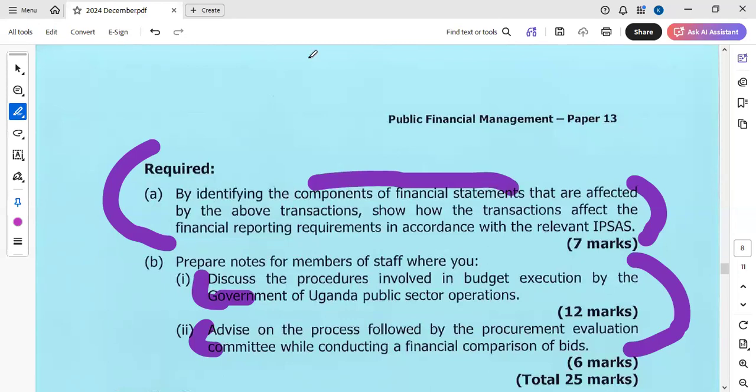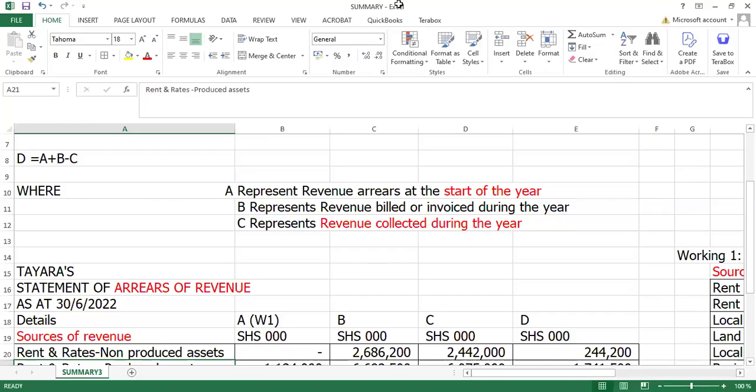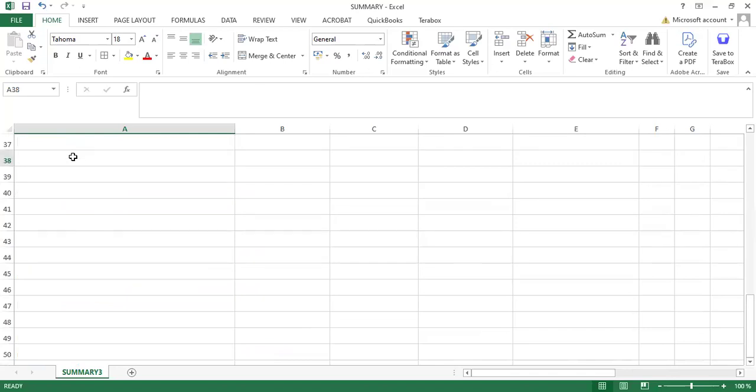Do you know the components of the financial statements before we look at the case study?